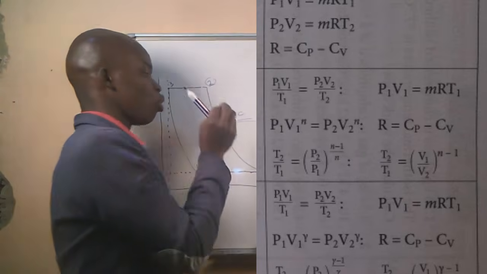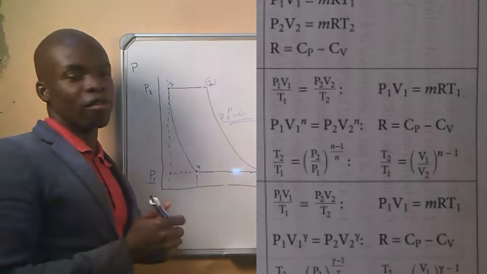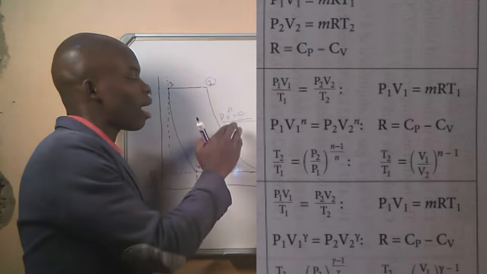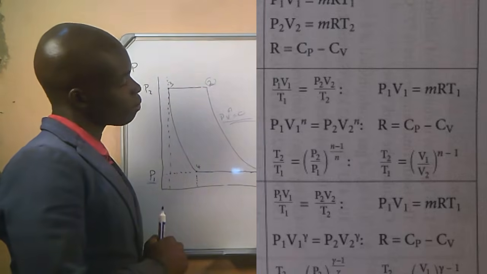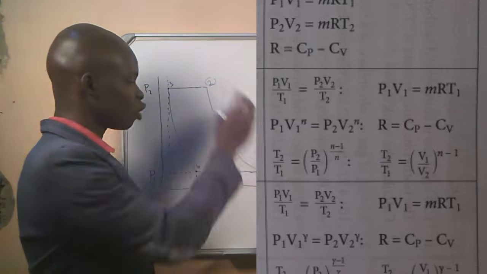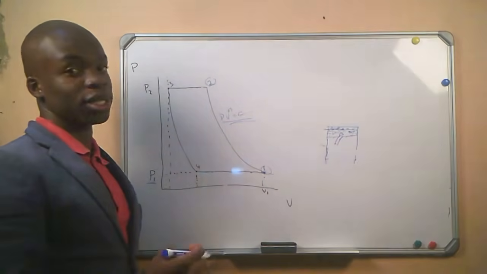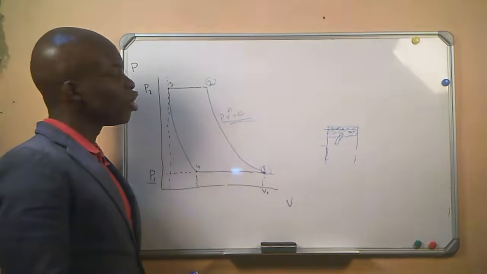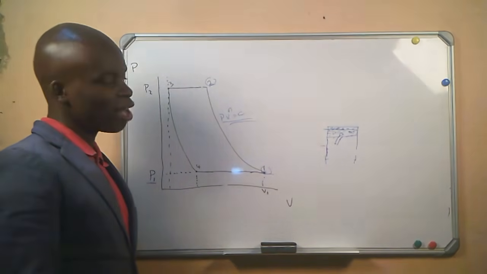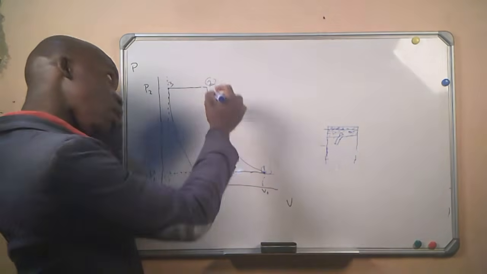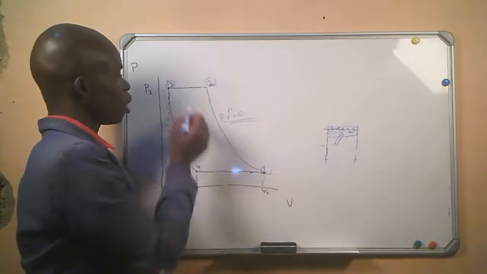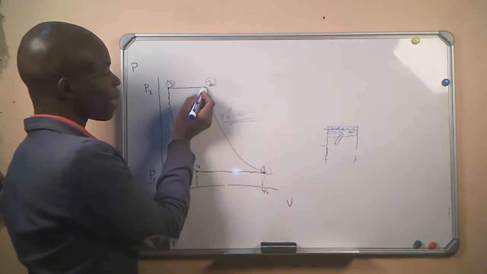So you can go to the table of thermodynamics of gases and look for the formulas which correspond with the polytropic law. Any information that you want between point A and point B, you can find using the polytropic formulas.